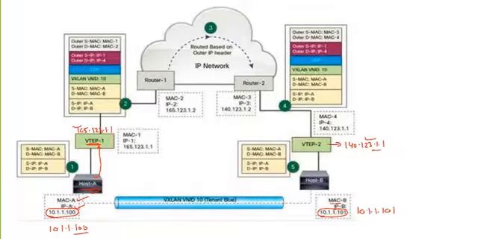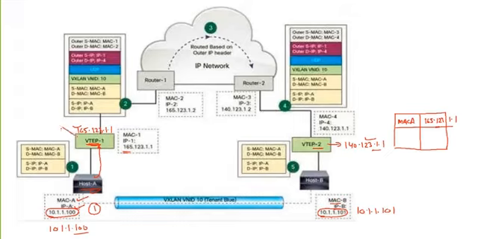Now, our first step: as soon as my host is connected to the VTEP, the VTEP will learn the MAC address and the IP. The VTEP will send this information to VTEP2. So in the MAC table, VTEP2 will have: I want to go to MAC A, I have to go to 165.123.1.1.